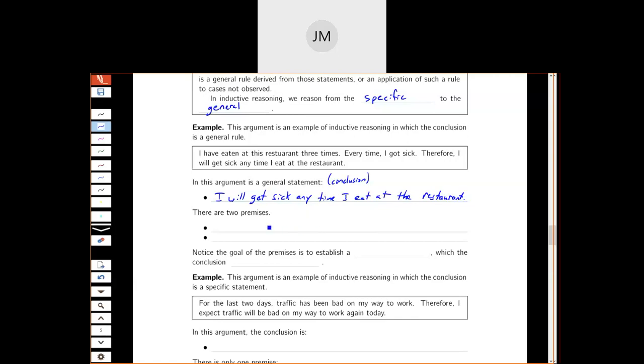All right, the premises we have are: I have eaten at the restaurant 3 times. Okay, the other premise is every time I got sick.